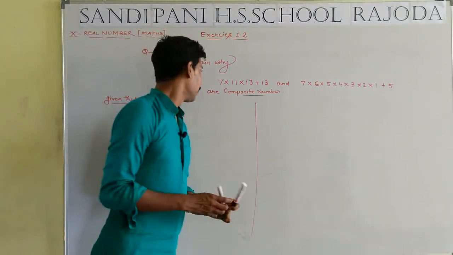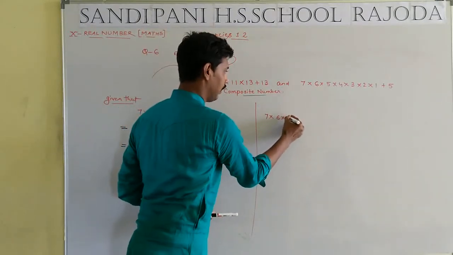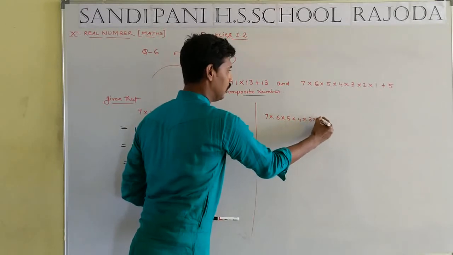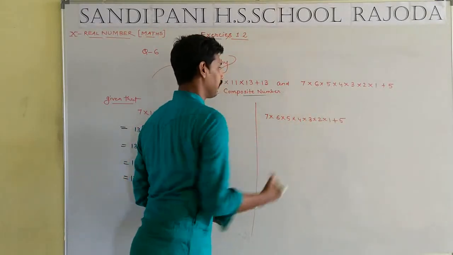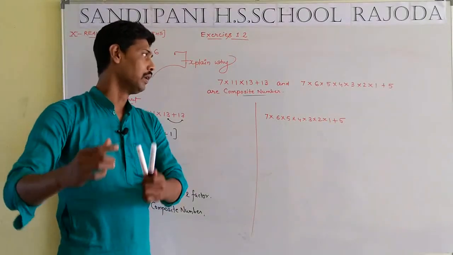Now we move to the second part of the question: 7 into 6 into 5 into 4 into 3 into 2 into 1 plus 5.